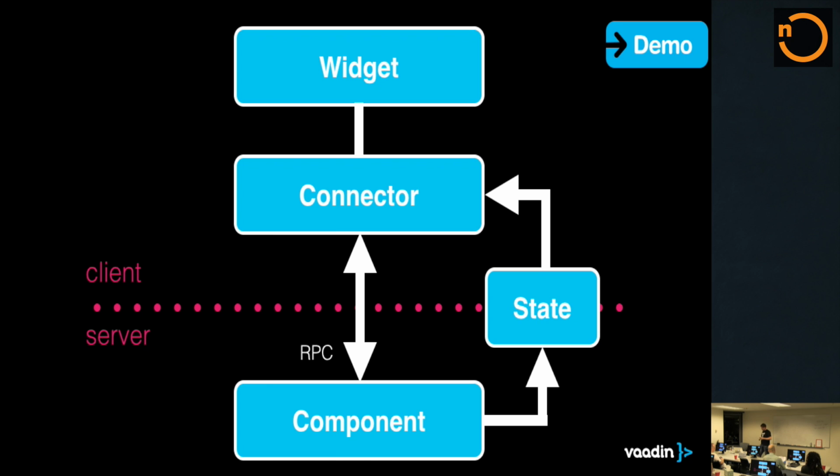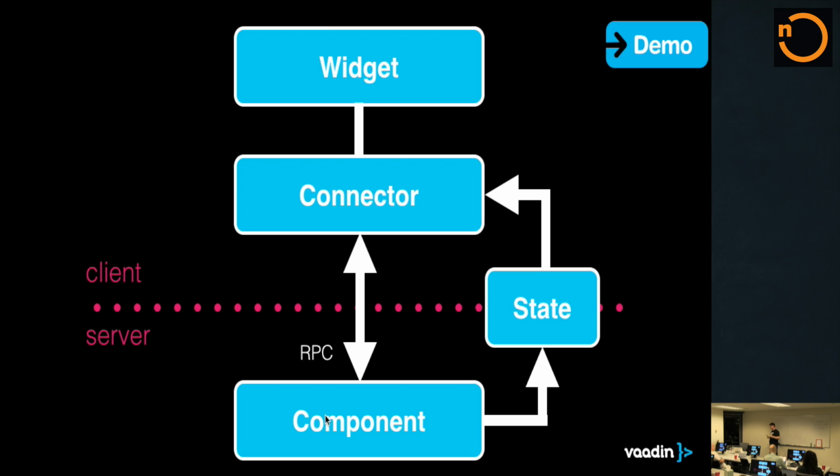So basically, on the server side, you have to have some kind of component. Let's say a button component. On the client side, you have the same button widget. This button widget is basically a Google Web Toolkit widget on the client side. And to connect these two together, you put a connector class in between.